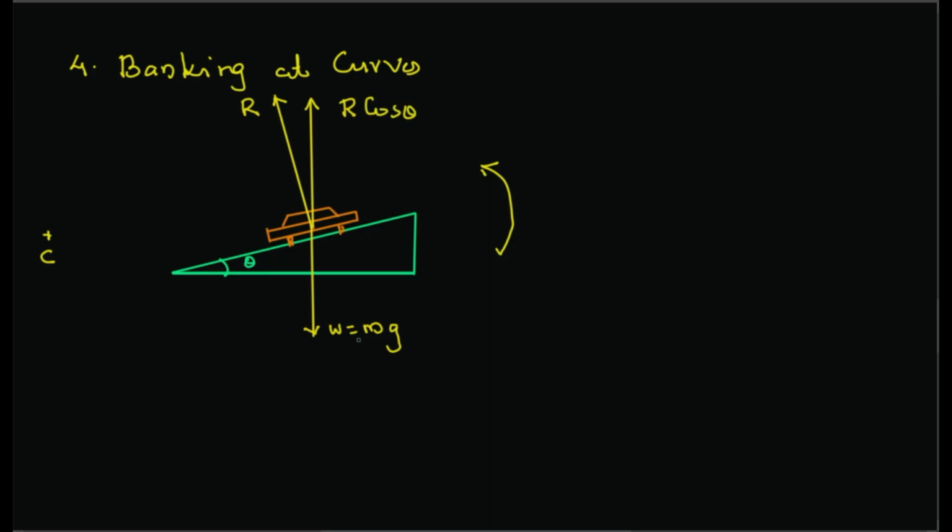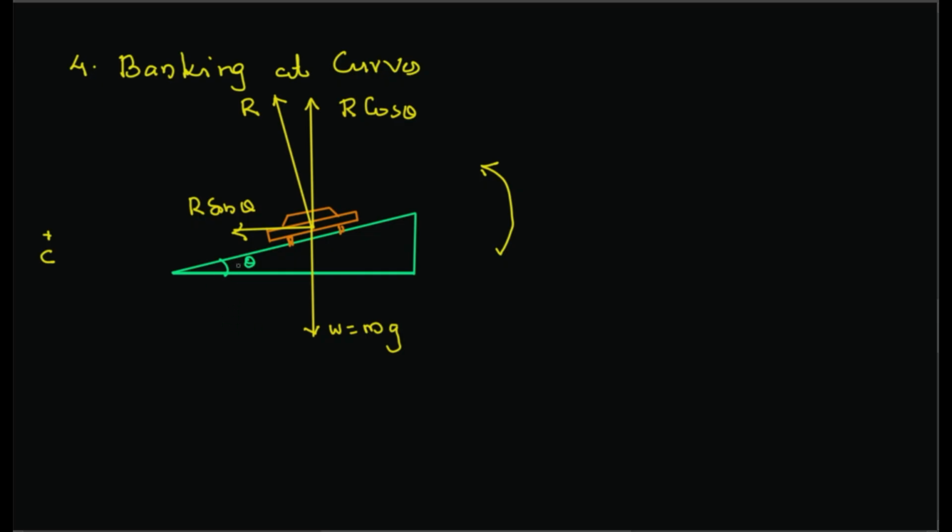That should balance the weight. And then we have the horizontal component of the reaction force acting in this direction. This is not exactly proportional to the actual value. I'm sorry, the only purpose is to make the idea clear. I can write it as R sine theta. This force provides the centripetal force.